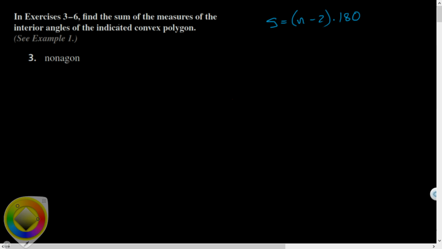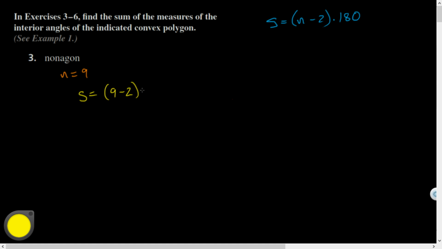And so here it says, find the sum of the measures of the interior angles of the indicated convex polygon. So a nonagon is actually n equals 9. That's what a nonagon is, a 9-sided convex polygon in this case. So if I want to find the sum of its interior angles, I would simply plug 9 in for n, subtract 2, multiply by 180.